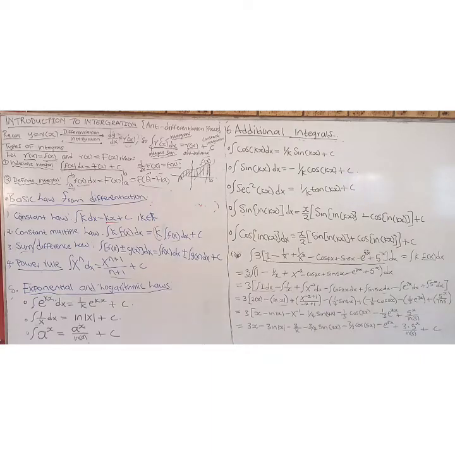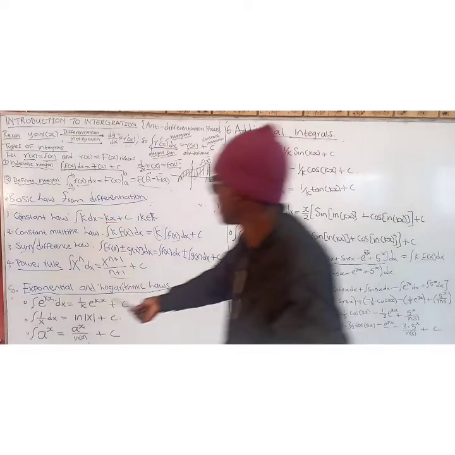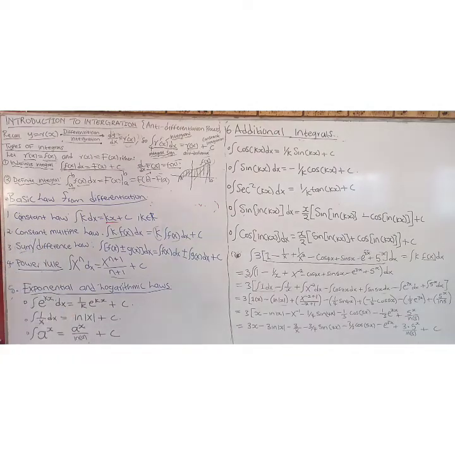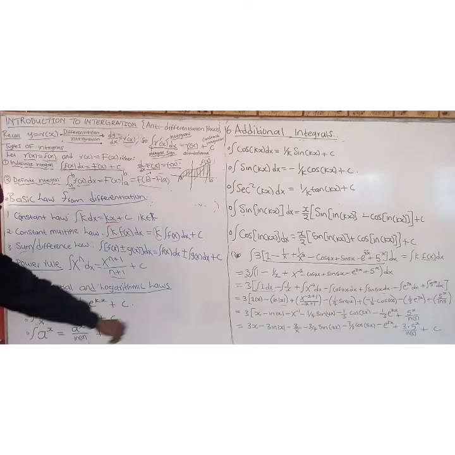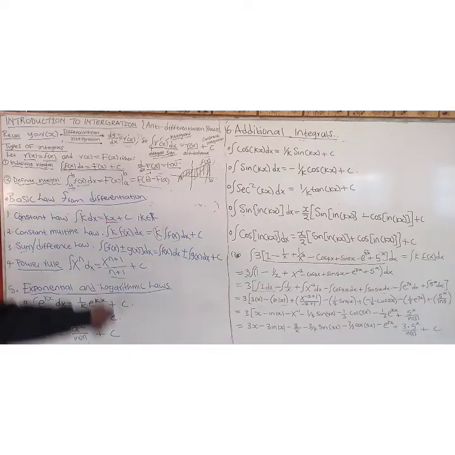The integration of e to the power 3x is the same as the integration of e to the power kx, which we write as 1 over k e to the power kx. In that case, k is 3, so I wrote 1 over 3 e to the power 3x.